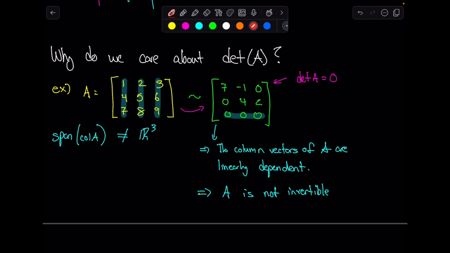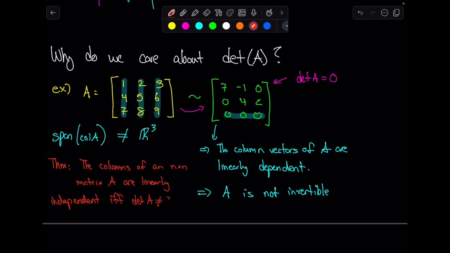So, theorem: the columns of an n by n matrix A are linearly independent if and only if the determinant of that matrix is not equal to 0.